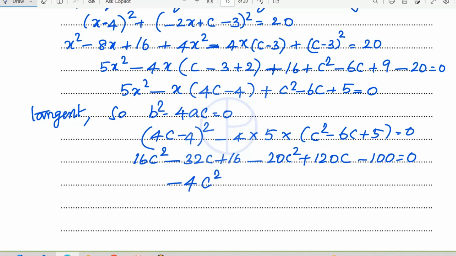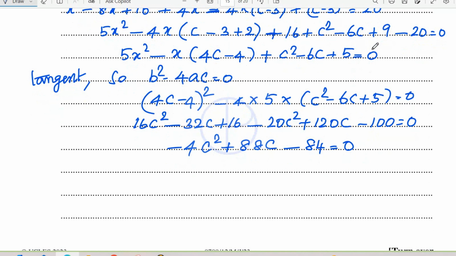Negative 32c plus 120c is plus 88c, plus 16 minus 100, which is negative 84 equal to 0. Divide all the terms by negative 4. So c square minus 22c plus 21 equal to 0.